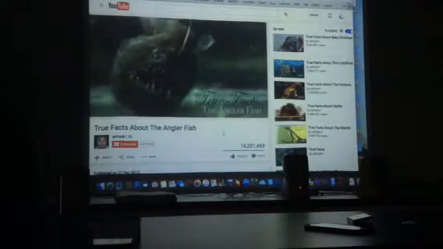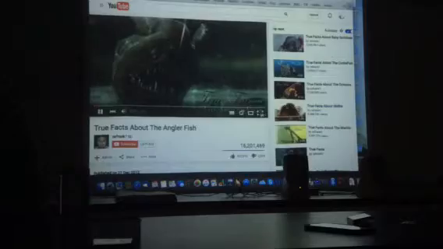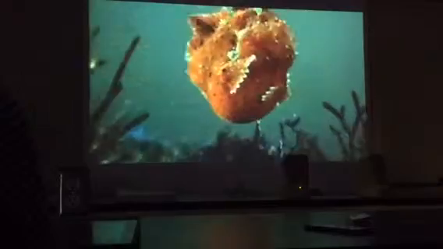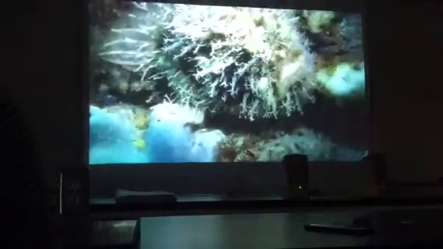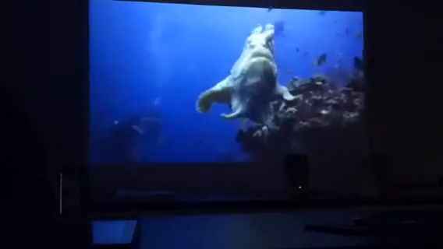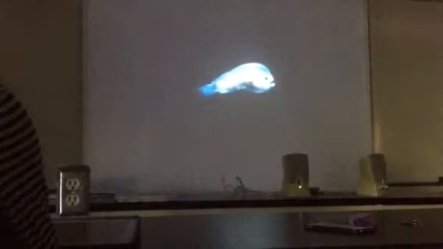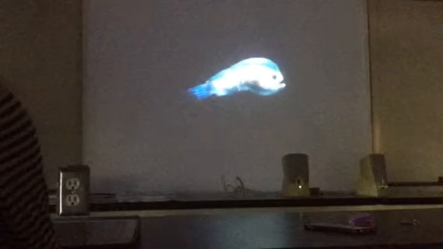Few facts about the anglerfish. The female anglerfish comes in many shapes, colors, and shades of ugly. It's like a rainbow of ugly. The male anglerfish is tiny by comparison, like a tiny little baby.